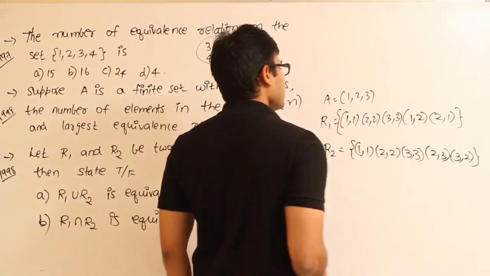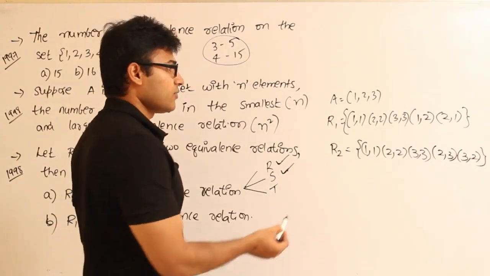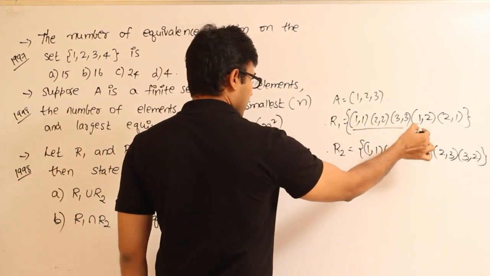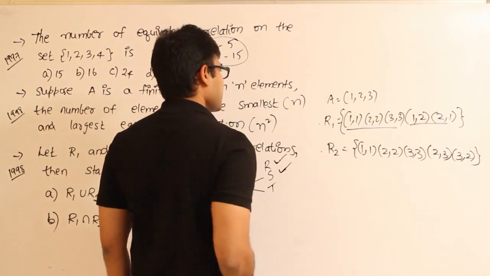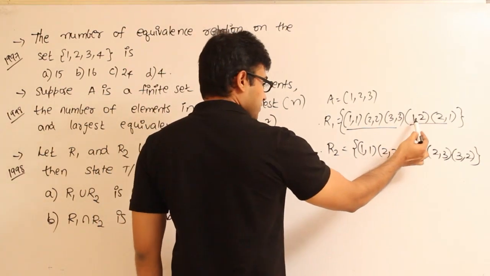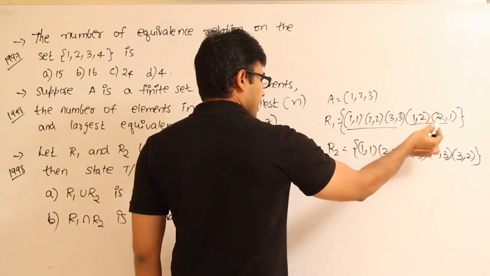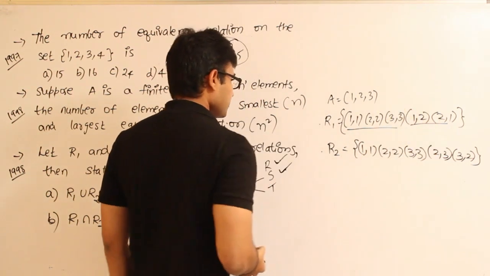Now if you check it, R1 is an equivalence relation and R2 is an equivalence relation because it is reflexive, it is symmetric, and also it is transitive. You can check this. It is transitive because it contains (1,2) and (2,1) and so (1,1) is present, and then (2,1) and (1,2) and so (2,2) is present.